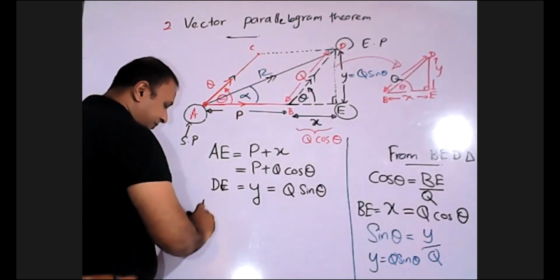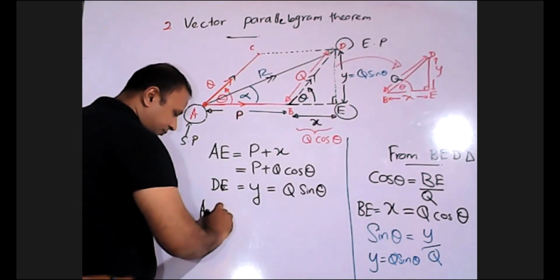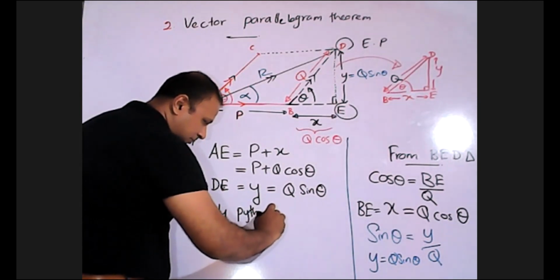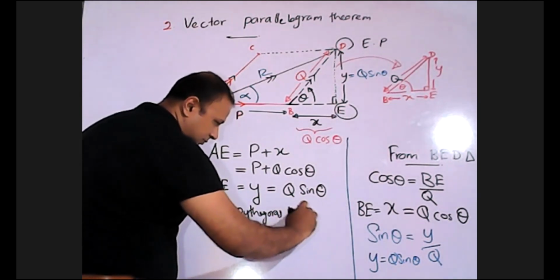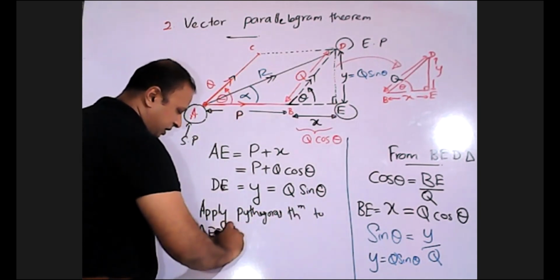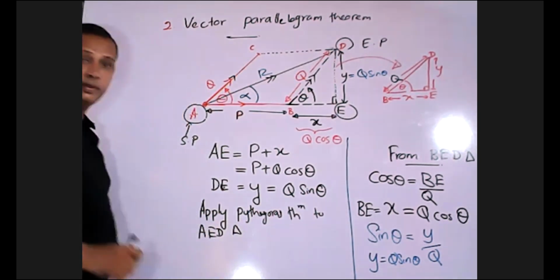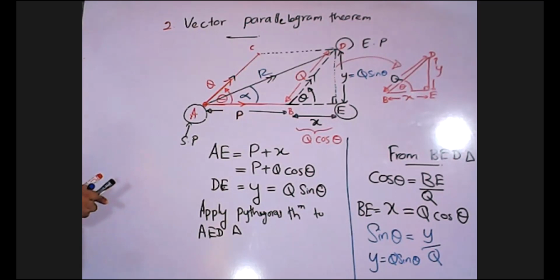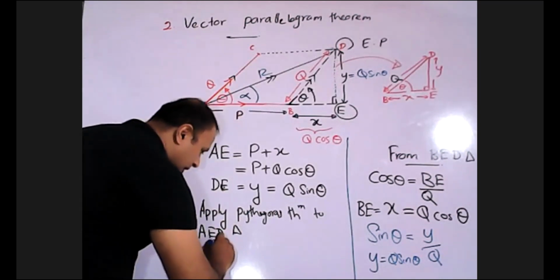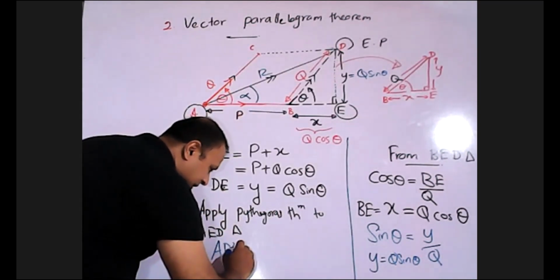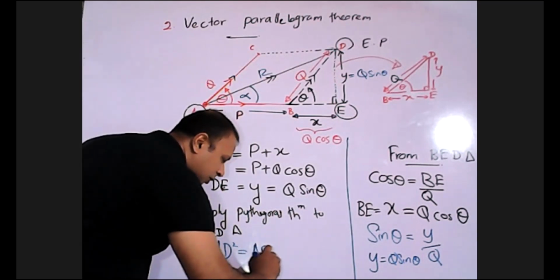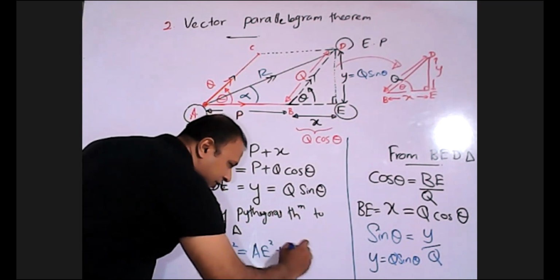So applying it to the AED triangle, you can write AD square is equal to AE square plus ED square.